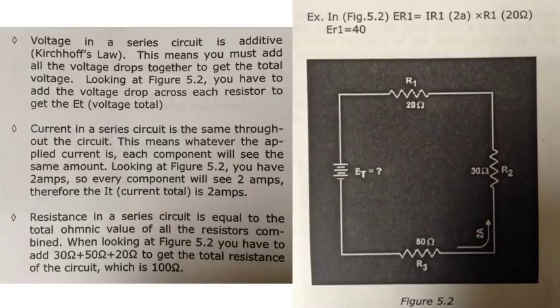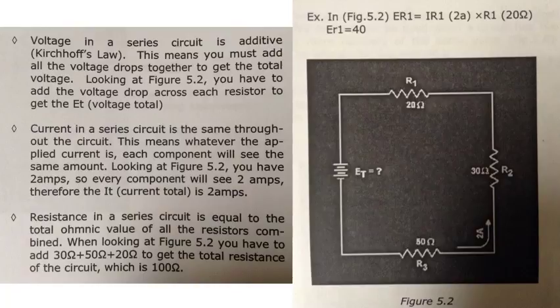Power in a series circuit is equal to current total times voltage total. So looking at figure 5.2, voltage total equals current total, which is 2, times resistance total, which is 100, then power in a series circuit is IT times ET, which is current total times voltage total.